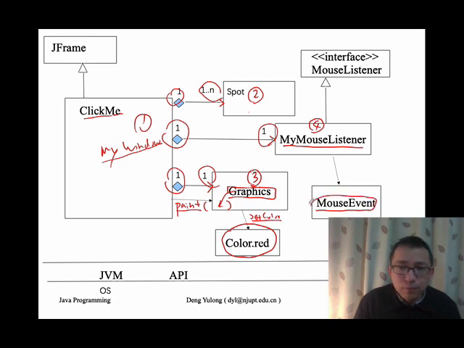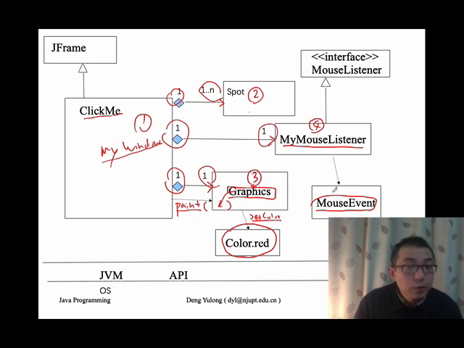So we have MouseEvent as an object. If we get this object, we get the position of the mouse. The MouseEvent object is provided by the API, by the platform. It's the same as Graphics. So the MouseListener must use this MouseEvent object to get the position of the mouse.